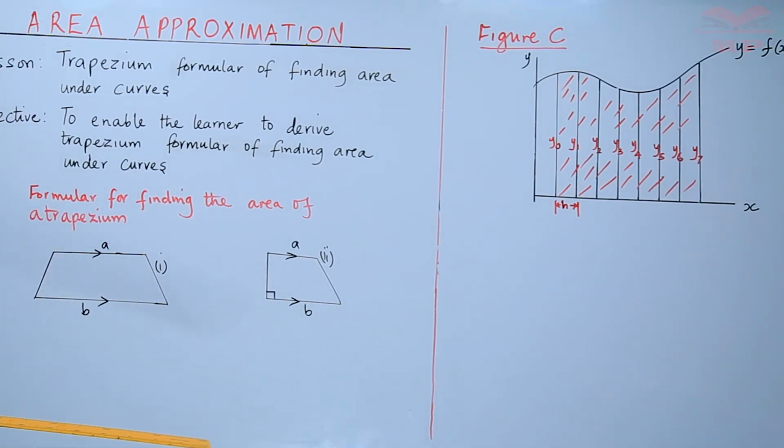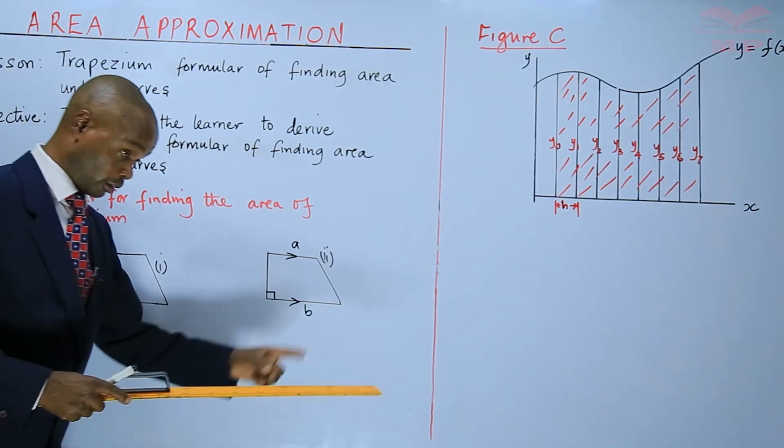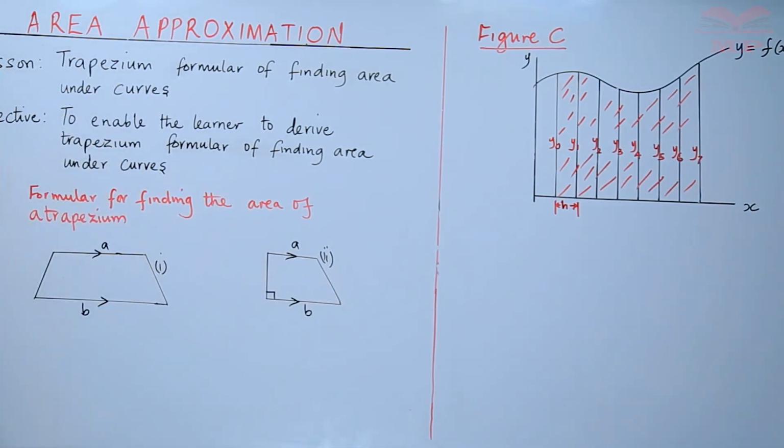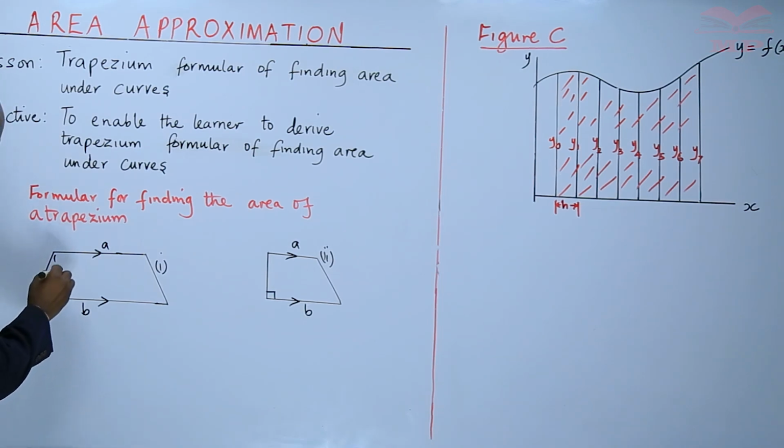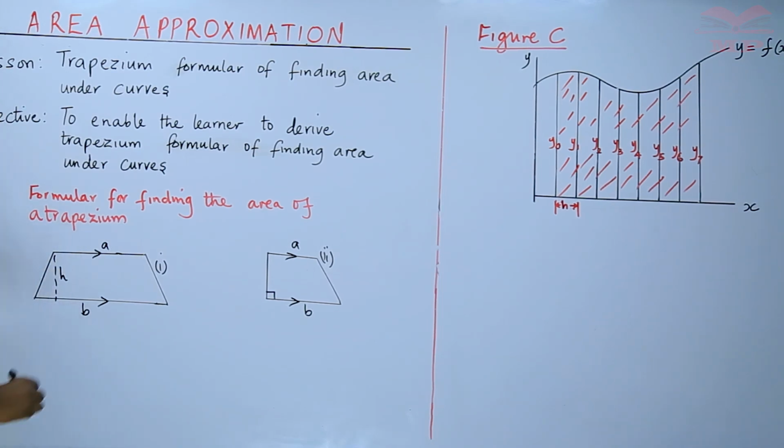What is characteristic in both? They each have a pair of parallel sides, and there is a distance which is the height between them.